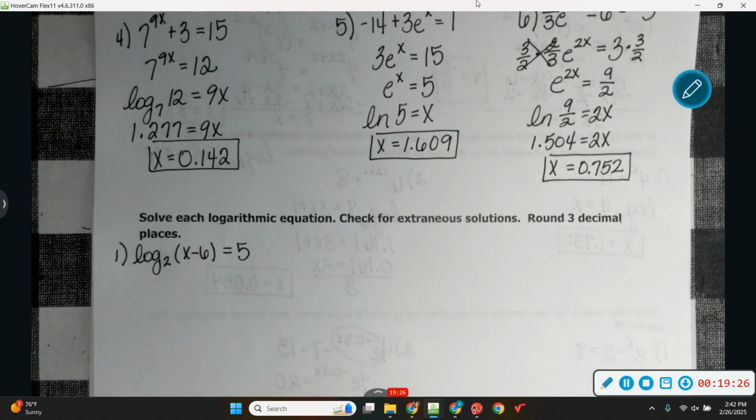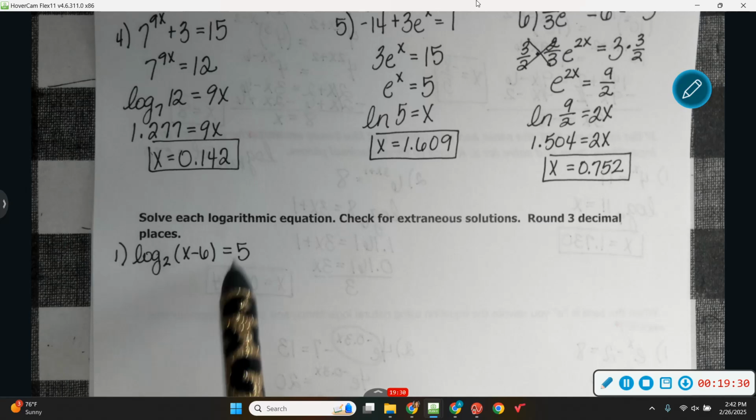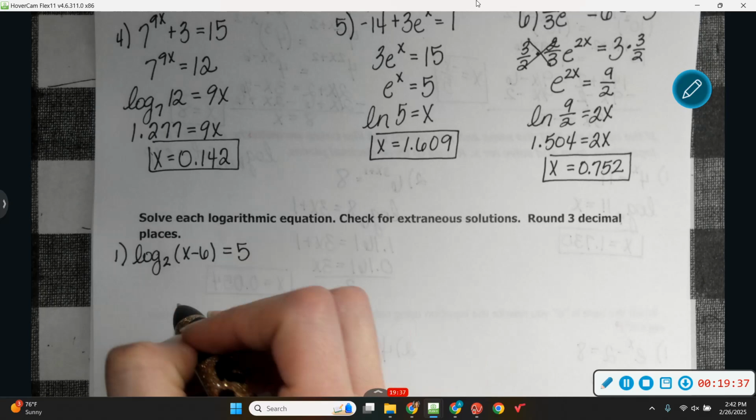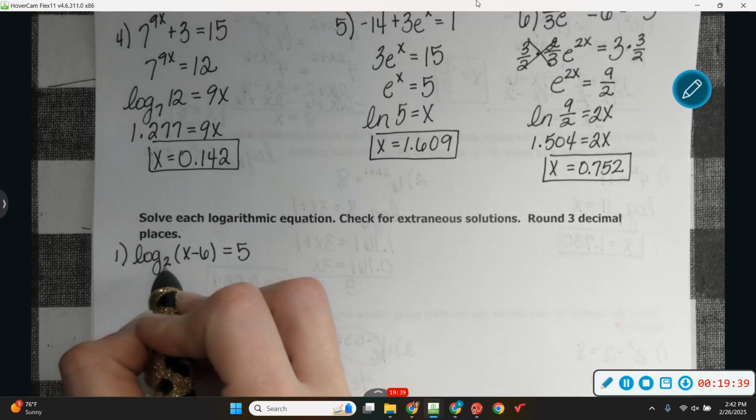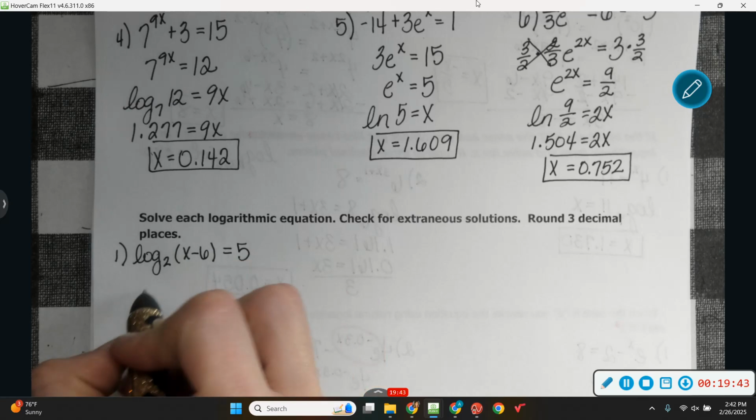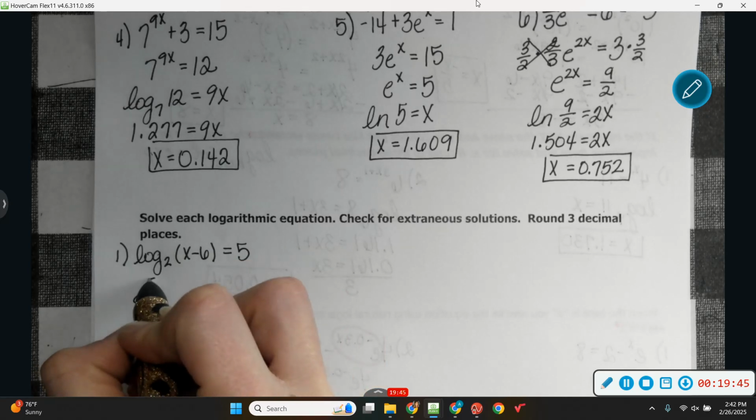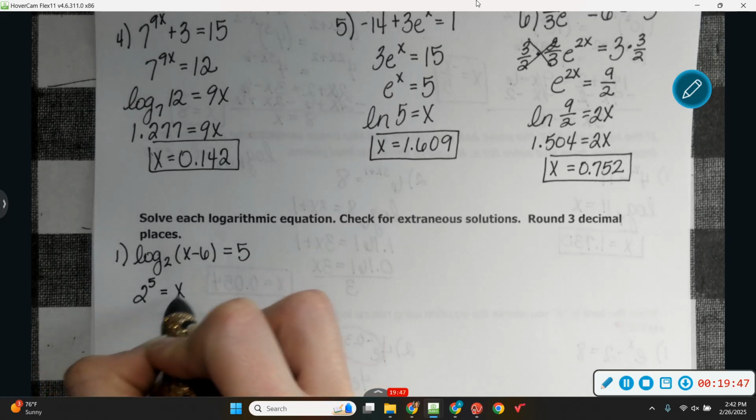So remember, you cannot take the log of 0 or a negative number. So if I have this, I would try to isolate my logarithmic part first. I already have it isolated, so I rewrite it. Remember, it's log base solution equals exponent. So when I rewrite it in exponential form, I'm going to have a base of 2, 5 is my exponent, and that is equal to x minus 6.